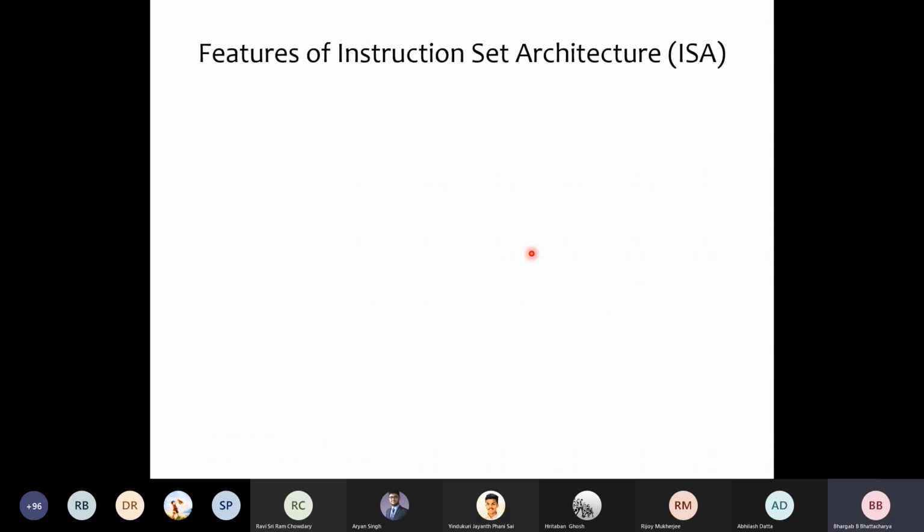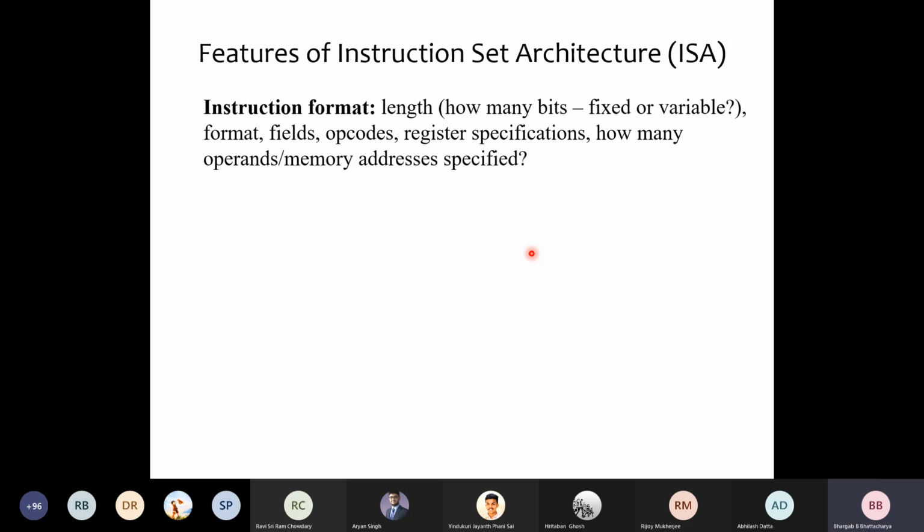So what are the particular features that an instruction set architecture should have? First of all, the set of instructions must be complete, right? It should be able to represent any operations you need. And moreover, you should decide the instruction formatting. Each instruction would require a certain number of bits, right? So the first question is, what is the length of my instruction?